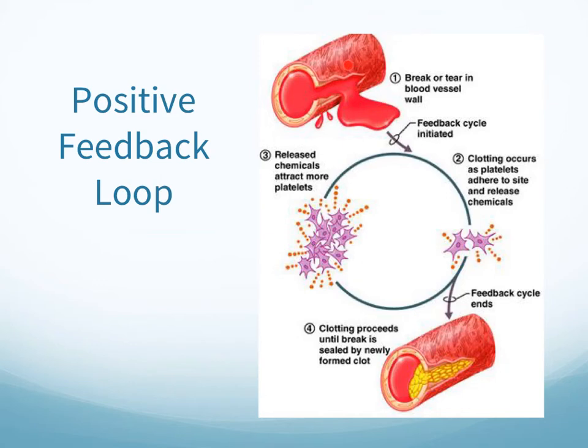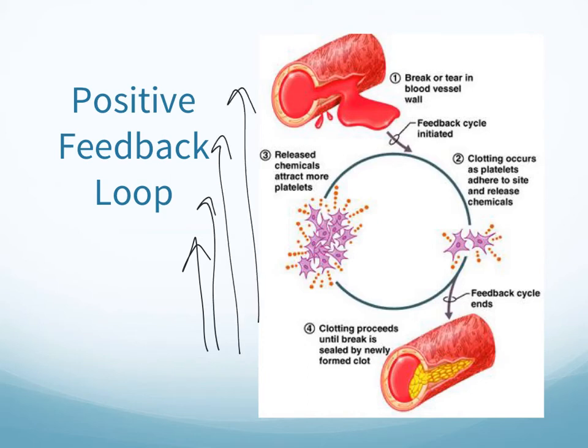If you break a blood vessel, maybe you get hit with a softball in the thigh, or you cut your hand with a scissors, there are a lot of chemical reactions that take place in the blood, but the clotting sequence begins, and as you build up more and more clots, more and more chemicals to produce more and more clotting occur. So the blood clotting process is increased over time.